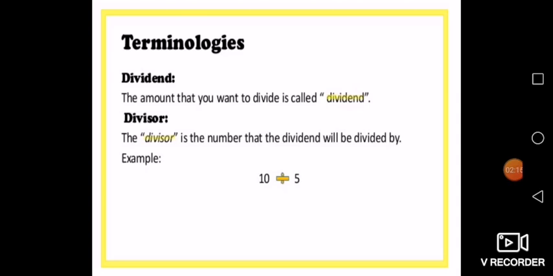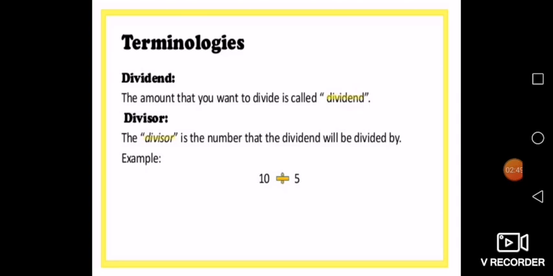The amount that you want to divide, the bigger number which you want to divide, is called the dividend. The next term is divisor. The divisor is the number by which you are going to divide the dividend.